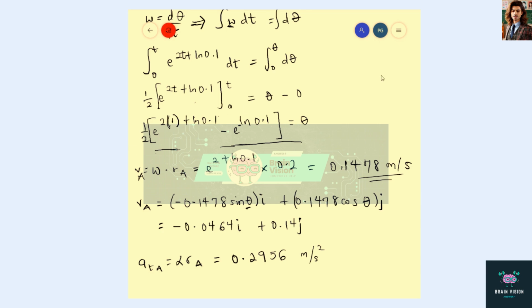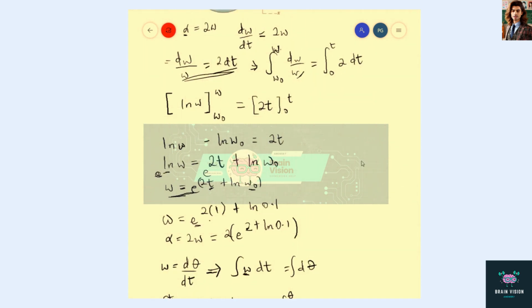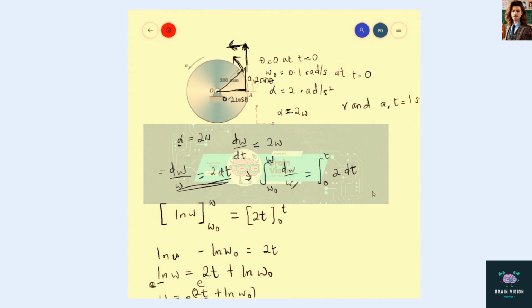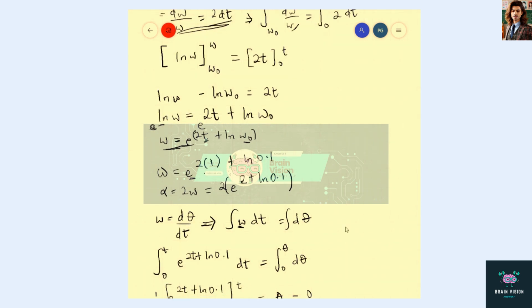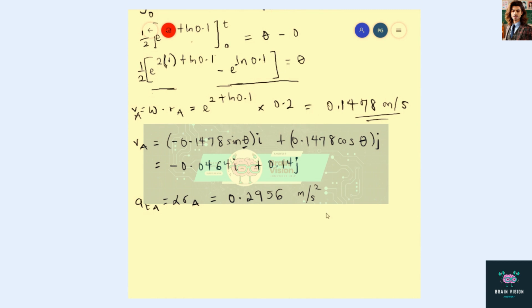And the tangential acceleration and tangential velocity are in the same direction at this point, so we can multiply by the same thing as with the velocity.